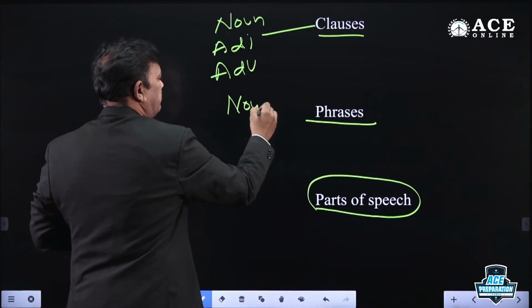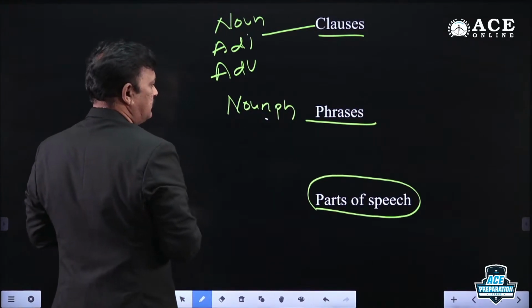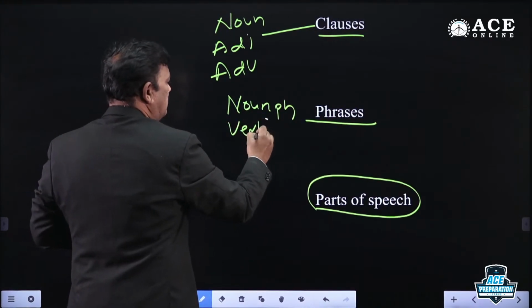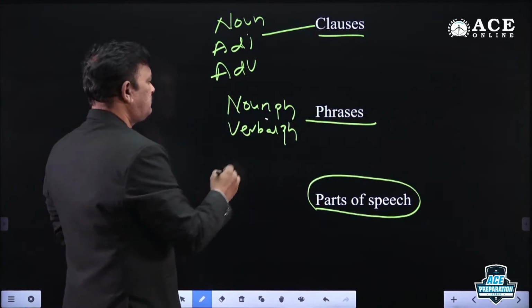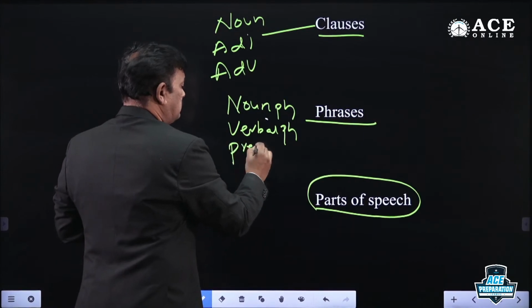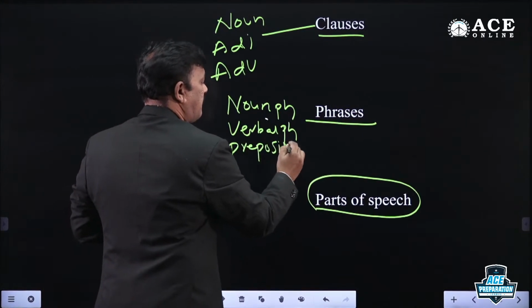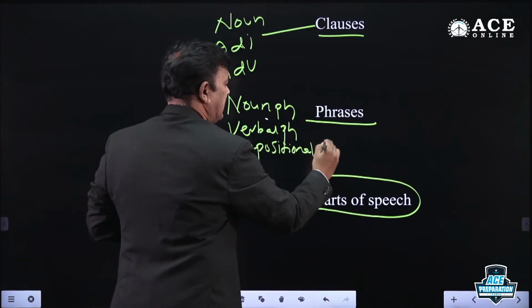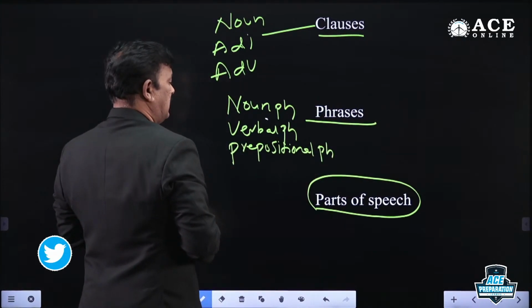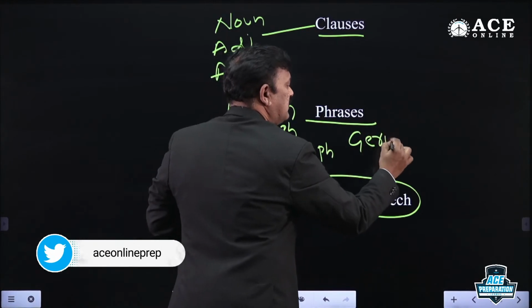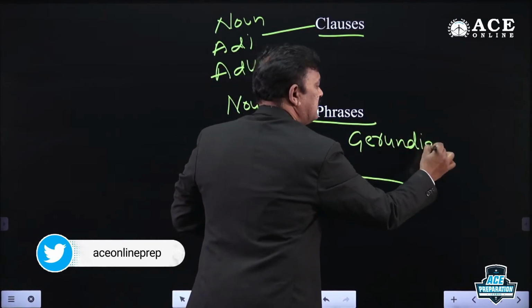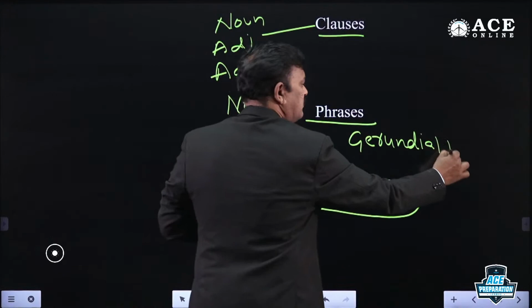Noun phrase, verbal phrase. How many phrases do we have? I'm giving the names of these. Then you have prepositional phrase. Okay. Then you have gerundial phrase.